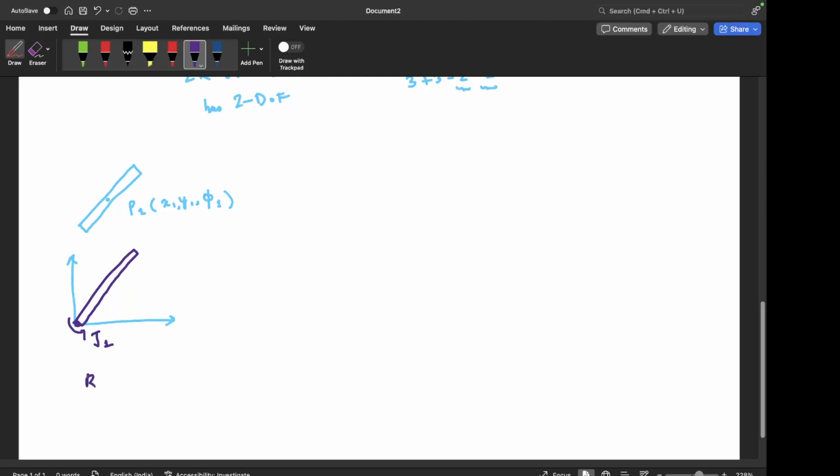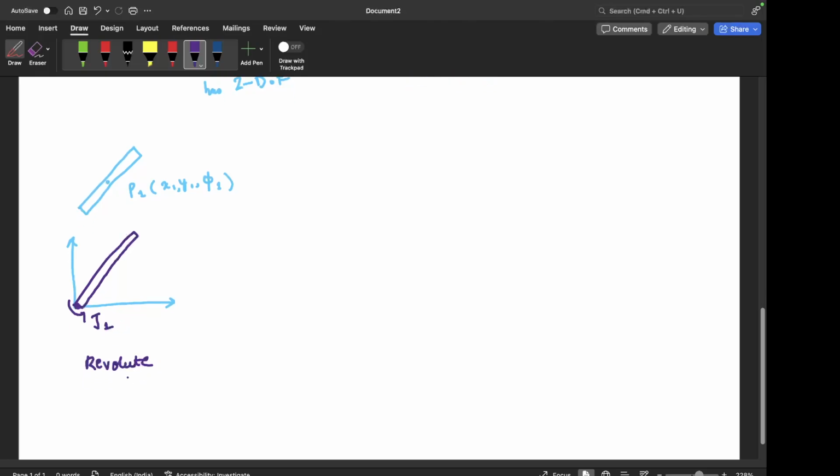So here we are considering a revolute joint, the most common joints you would see in the robot world, right? So a revolute joint allows rotation. It has only 1 degree of freedom, and I will show you how.